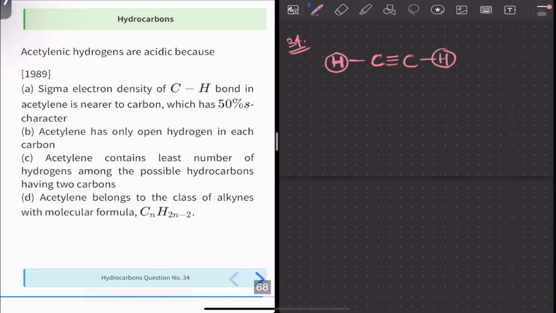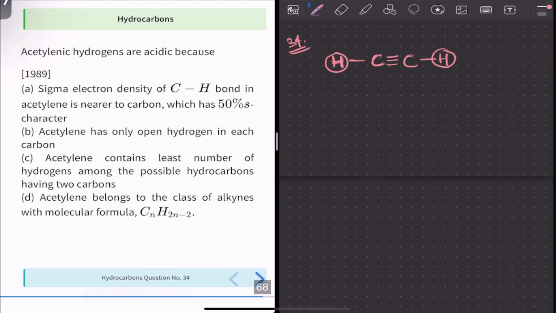We know these hydrogens are acidic because they are attached to sp hybridized carbon atoms, so the electrons are more attracted towards, or closer to, the nucleus, so the hydrogen atom can be easily detached from this compound, leaving a proton. This is the acidic nature.